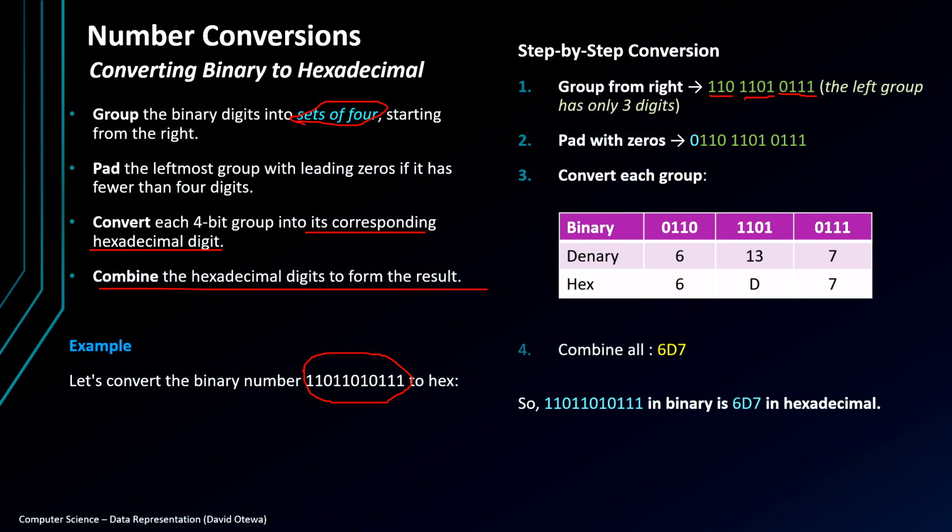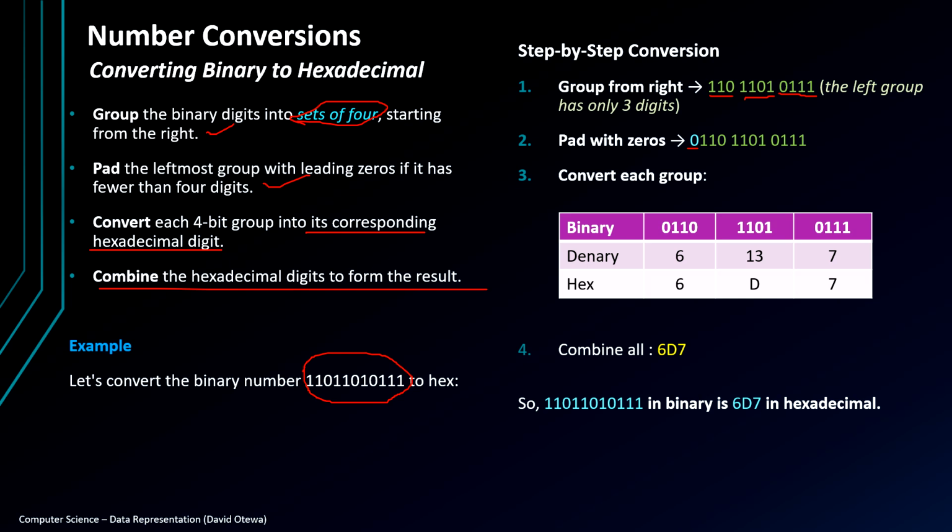We're told to pad the leftmost group with leading zeros if it has fewer than 4 digits. So in step 2, since the leftmost has 3, we add a 0. So it's 0, 1, 1, 0. We've already added our 0. The third step is to convert each 4-bit group into its corresponding hexadecimal digit.